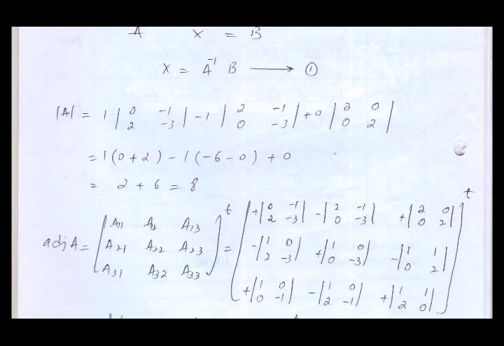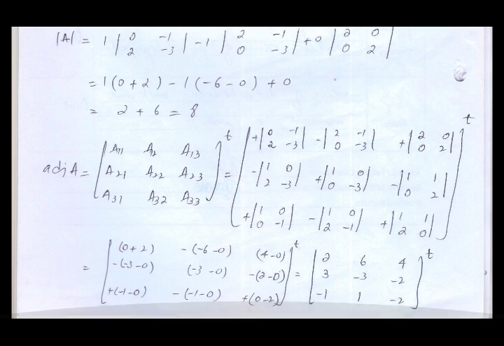In the same way we find the values of A21, A22, A23 and the other three, and then we place signs outside these determinants. We start with plus, minus, plus, minus, plus, minus, plus, minus and plus.